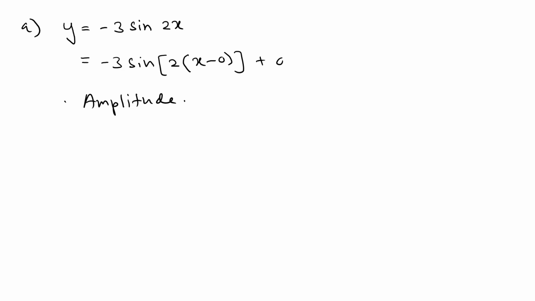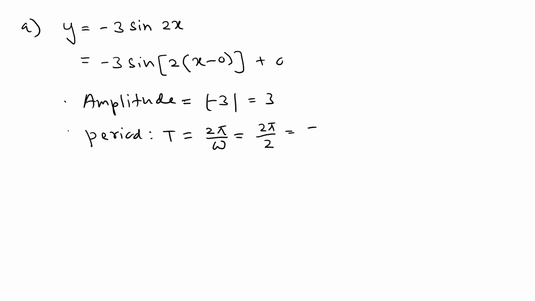So that means the amplitude is equal to the absolute value of a, which is 3, and the period T, which is by theory 2 pi over omega, so 2 pi over 2, which is pi.